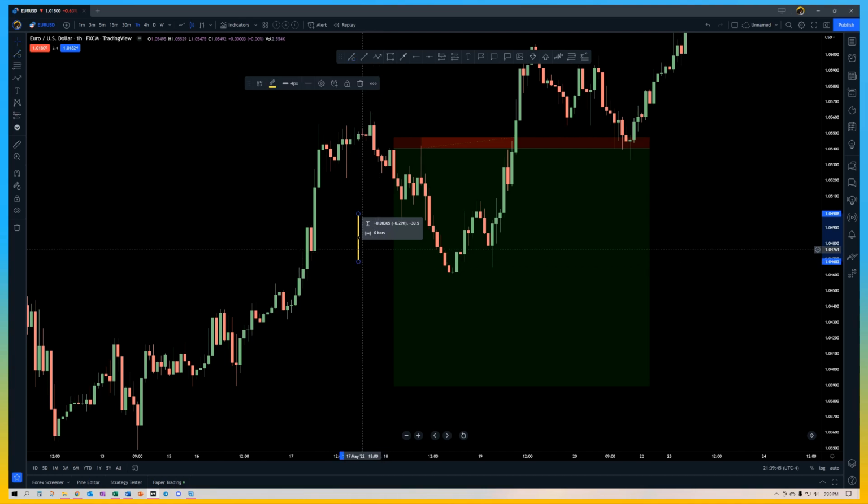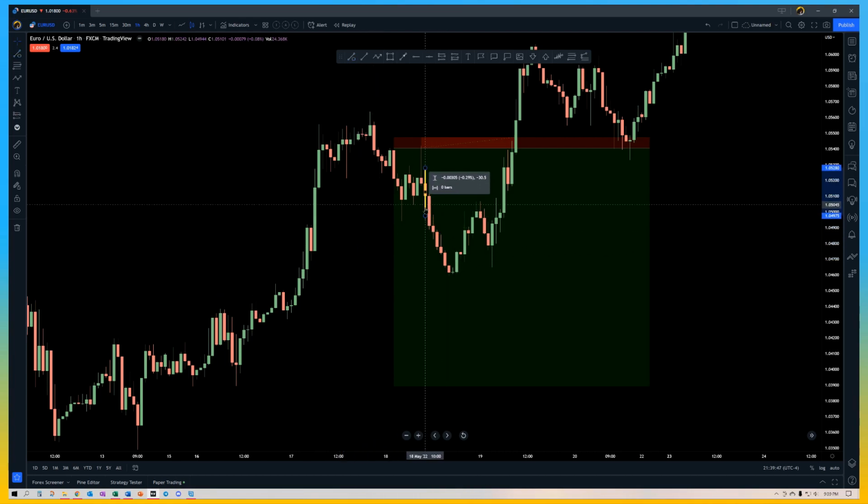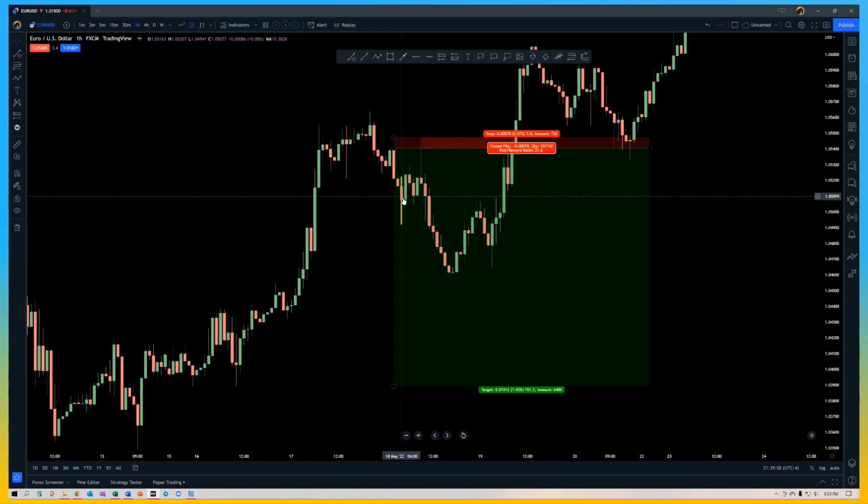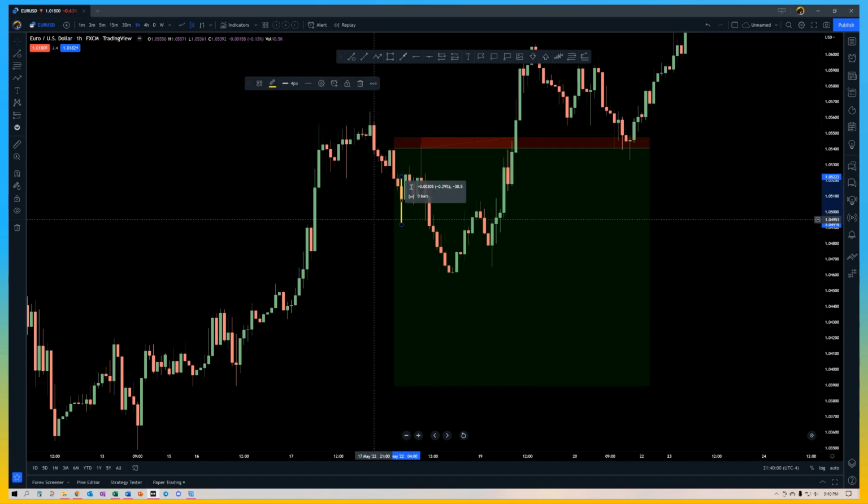And 30.5, so that's good. So this is like a measuring stick. There's a million tools you can use for this. You can just see, as long as price doesn't pull back more than 30 pips, we're good.